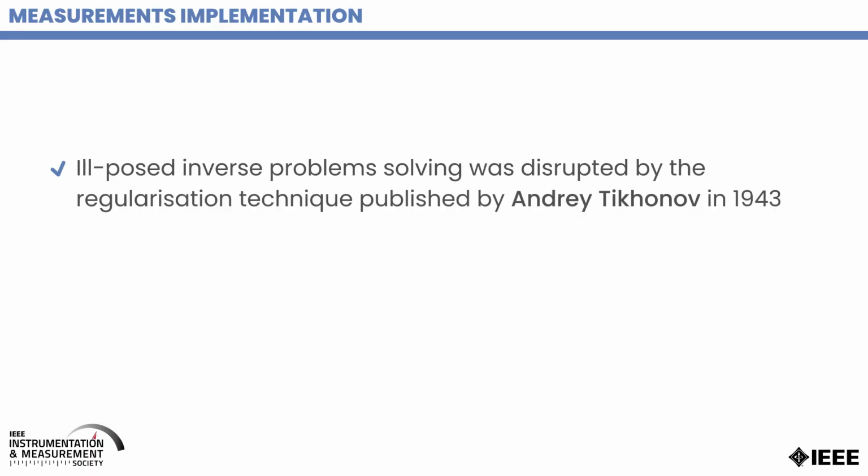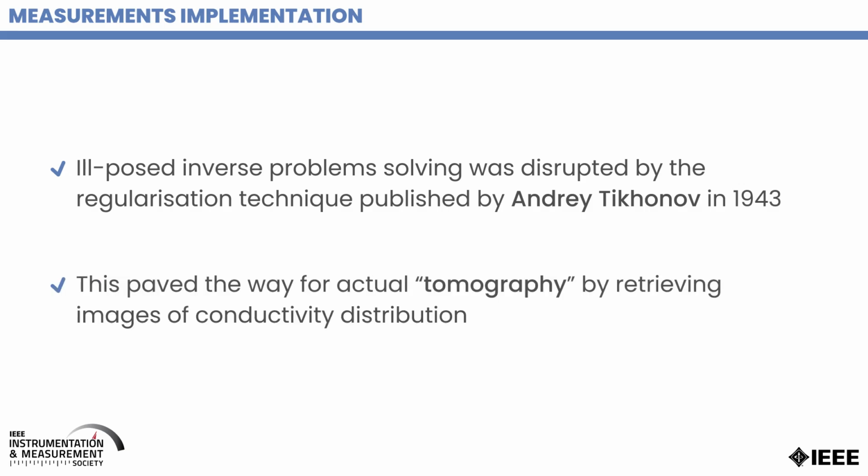In fact, Andrei Tikhonov in 1943 published his own theorem about regularization of ill-posed inverse problems. And this allowed indeed to get insight into the actual distribution of conductivity of an object, in this case the underground, from the information contained in the four-terminal resistance measurements.